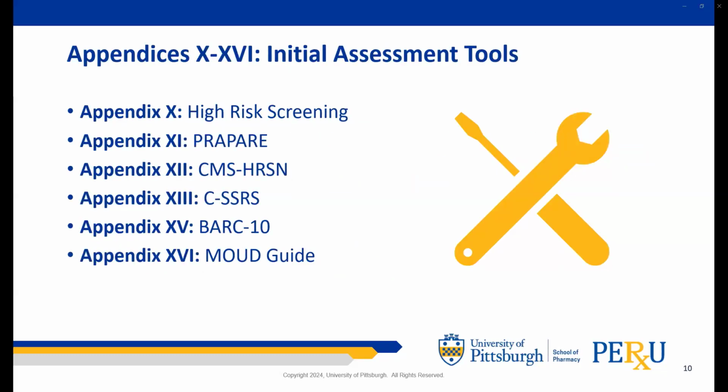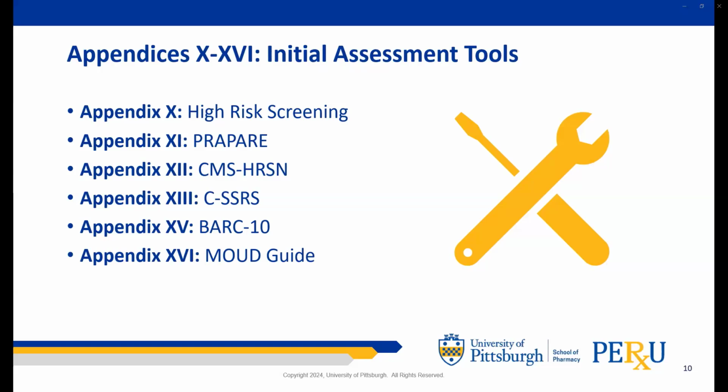Appendices 10 to 13 and 15 to 16 within the Fidelity Guidelines provide more information about many of the tools mentioned in the initial assessment section. Appendix 10 has the high-risk screening tool developed by PERU, mentioned in the initial assessment section as an optional screening, as well as a tool to rapidly assess needs.